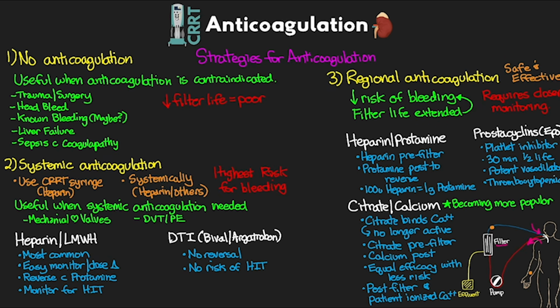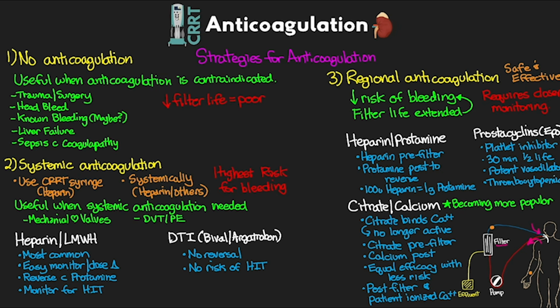All right, so those were our strategies for anticoagulation. As you can see, there's 3 really different strategies. Either we're not going to anticoagulate them, or we're going to give them systemic anticoagulation. So we're going to get the benefit of the preserved filter life, but also the risk for bleeding because our patient is also anticoagulated.